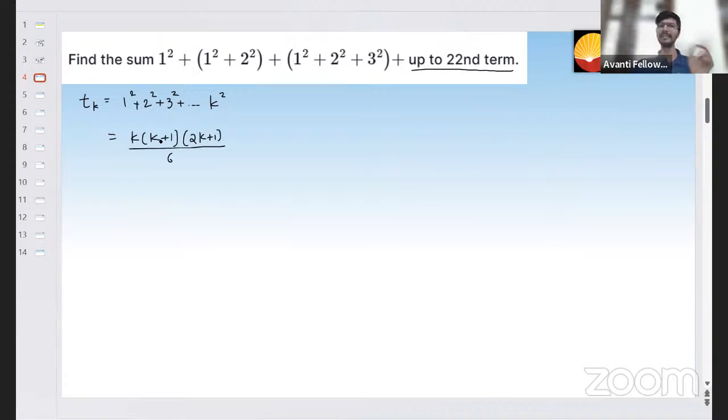Same formula, n into (n plus 1) into (2n plus 1) upon 6, just with k in place of n. So I have to find the summation of T_k, that means k into (k plus 1) into (2k plus 1) upon 6, from 1 to n. So let's put k equals 1 to the nth term.